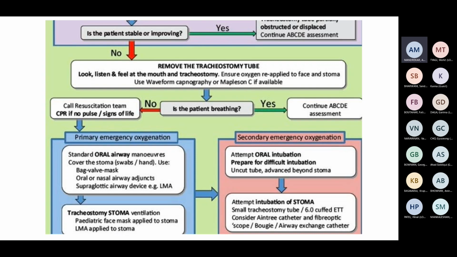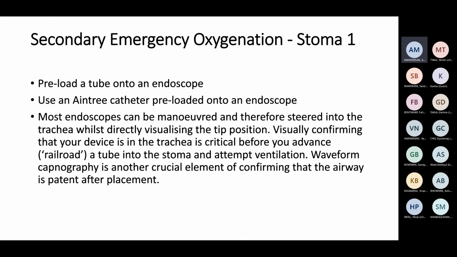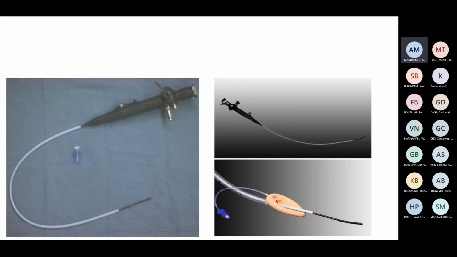You can also attempt intubation through the stoma, and in this case, we would use a small tracheostomy tube or a size 6 endotracheal tube that is commonly used through the tracheostomy stoma. Another thing that we can do, which is safe as well when approaching a stoma, and we also want to make sure that we're going into the right tract, is using an endoscope, which is basically passing an endoscope through either a laryngeal mask or through the bougie.